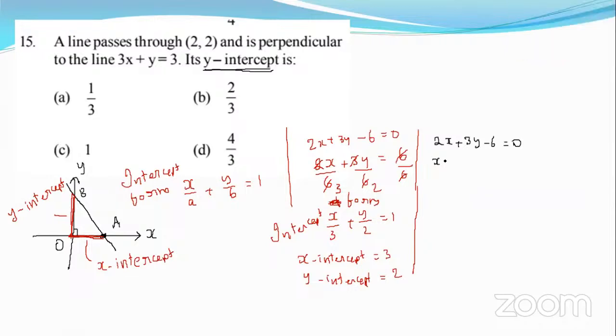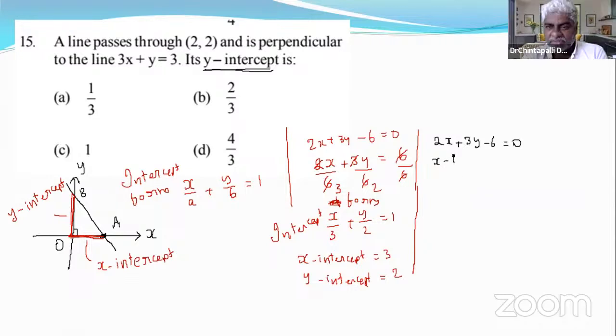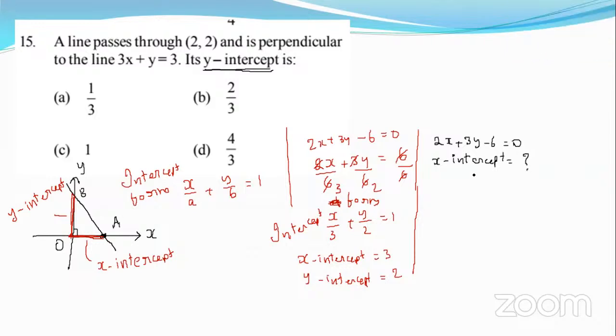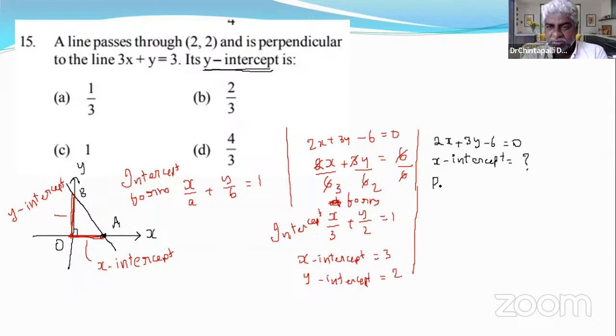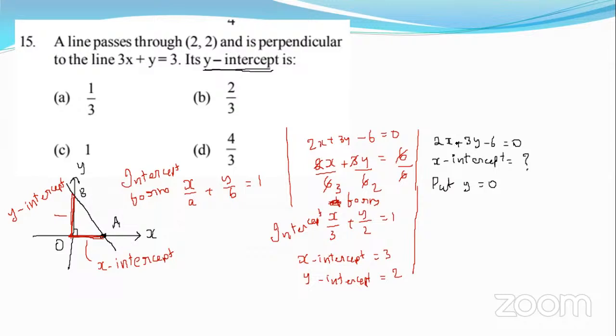If we want to find the x-intercept of this line without converting into intercept form, put y is equal to 0 in the given equation. What happens when we put y is equal to 0?